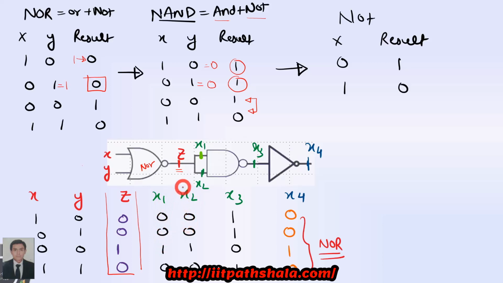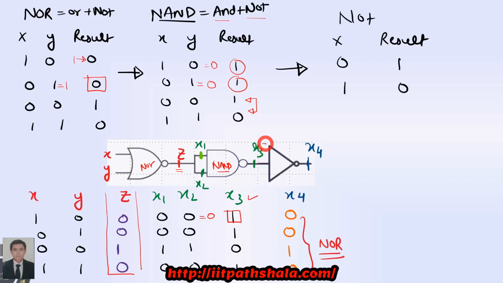Okay, so now you are having a NAND gate over here. From the NAND gate table itself you can make the following output at x3. So you are having 0 0. So 0 multiply 0 giving you a 0, and you are negating the output of the AND gate giving you a 1. Okay, so you just have to go by the rules itself. So you'll be having x3 over here.